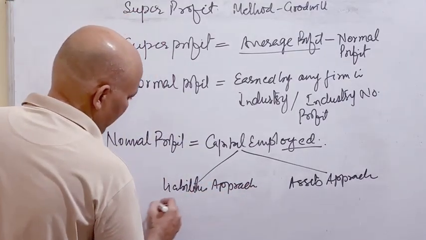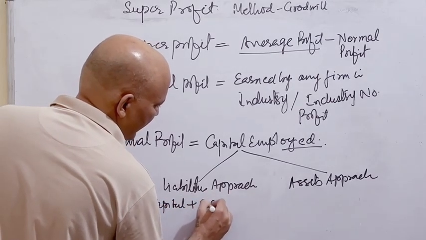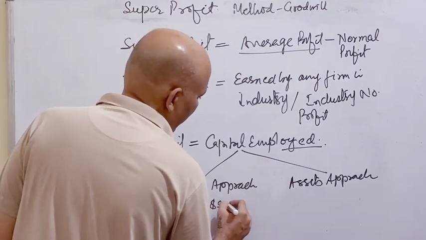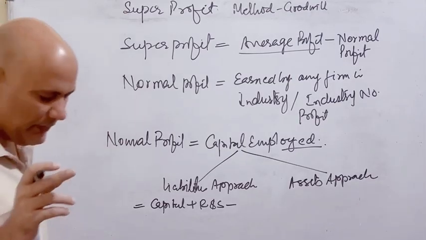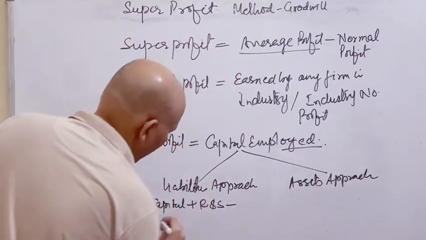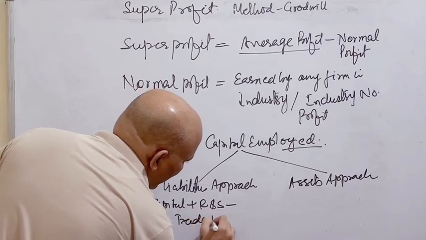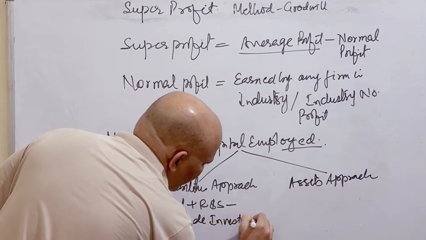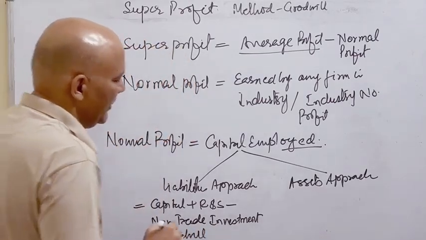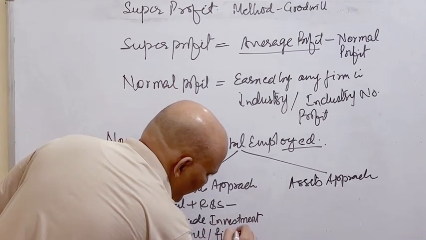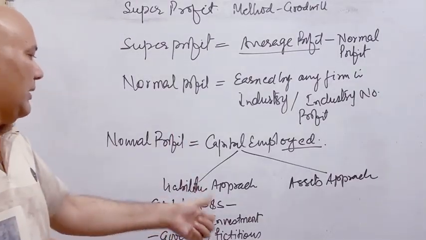On the liability side, you have to take the capital plus reserve and surplus, and minus, you have to deduct non-trade investment and any goodwill or fictitious asset appearing in the balance sheet.